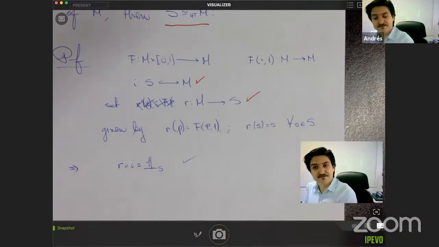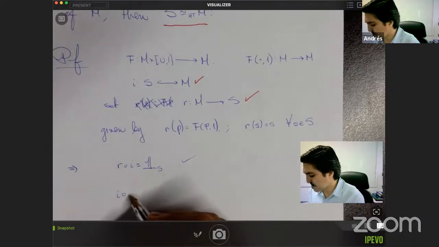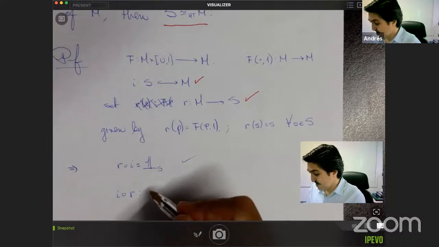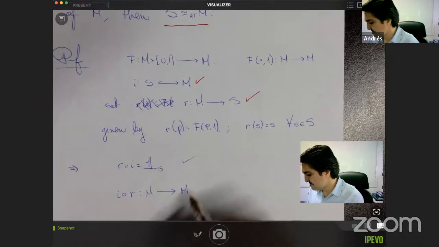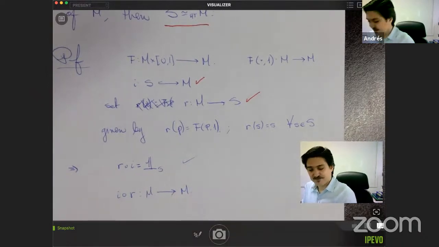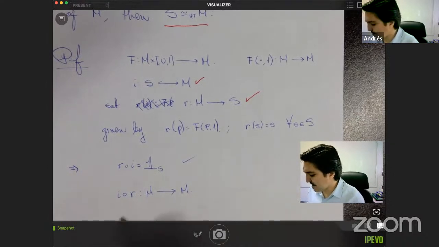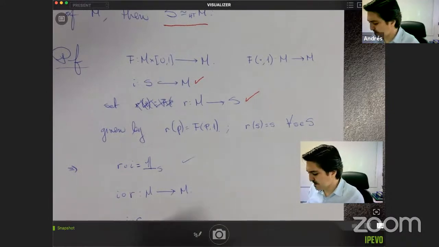And this is good. Now let's go the other way around. What is it? It will be I composed with R. So this will be a map from M to M. Right? Now, what can you say about this map? What is this map?